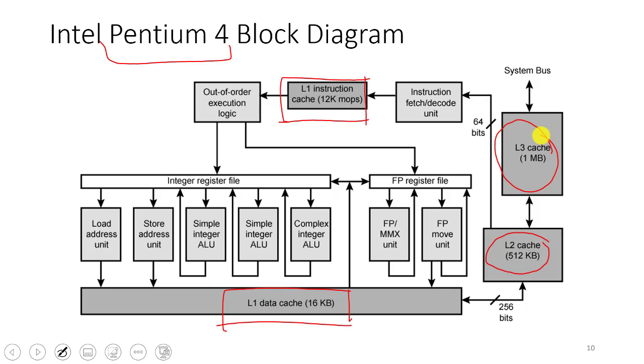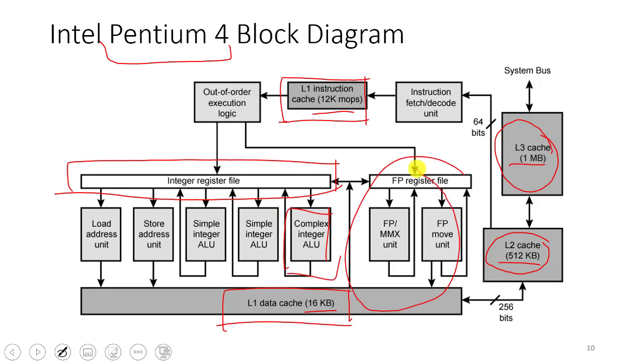Now you can see level 1, 16 kilobytes, 12 kilobytes. Level 2, 512 kilobytes. And level 3, 1 megabyte. So this is how things are running inside our CPUs. Our CPUs are very complicated, but most of them run the same idea. Here you can see CPU contents. We have our register file, we have our ALUs, and of course we have our control unit over here.